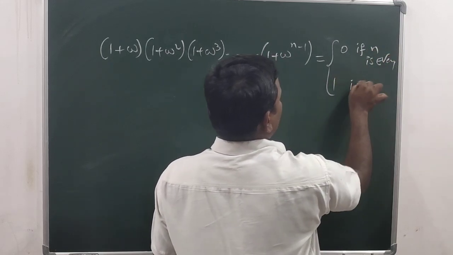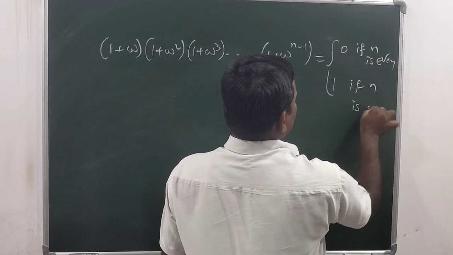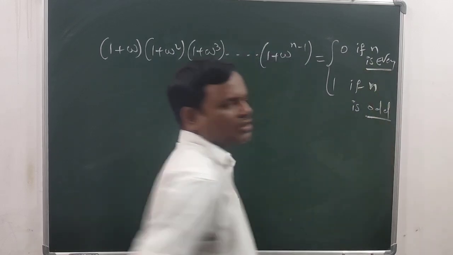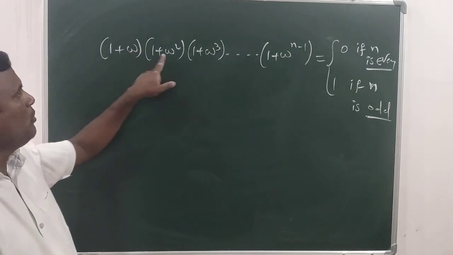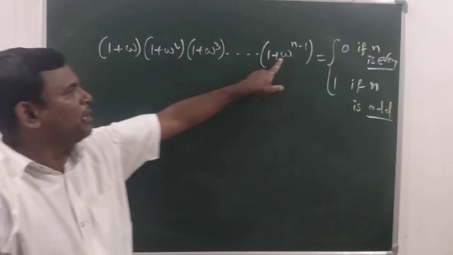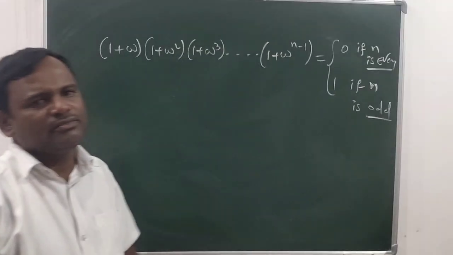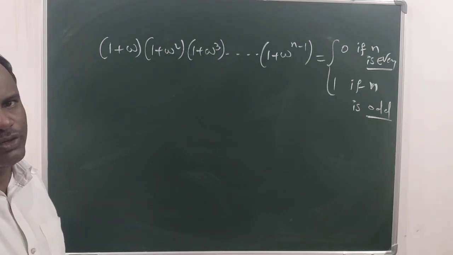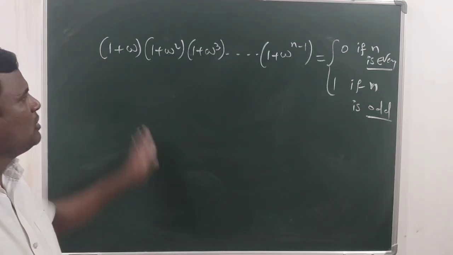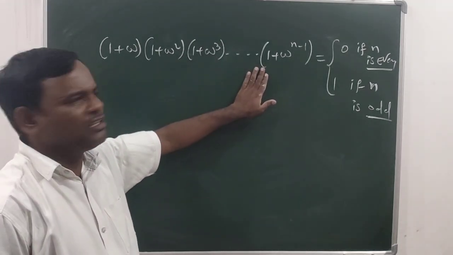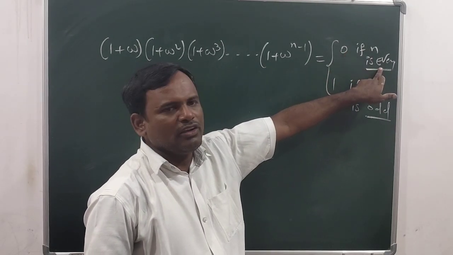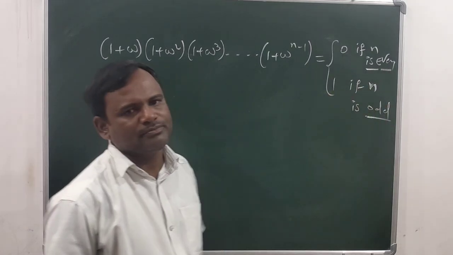This is going to be 1 if n is odd. Remember this point. Where omega, omega square, omega cube and so on, omega power n minus 1 are the roots of the nth root of unity. So if you simplify this result, you will get 0 when n is even. If n is odd, you will get 1.